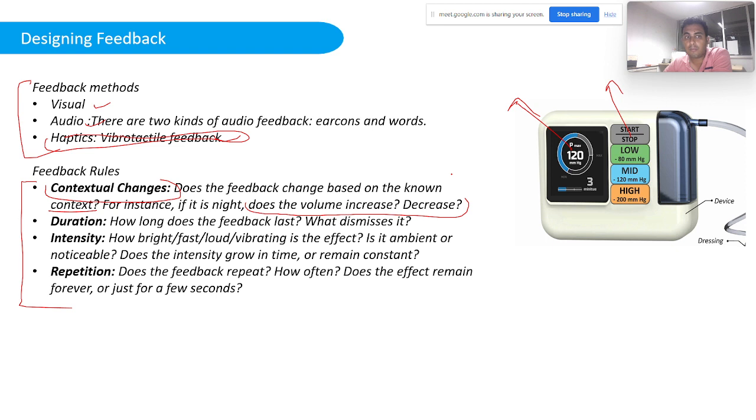The second thing is that depending upon the requirement, the nature of the feedback may change. For example, at night when you have a phone call, the display should choose different color options to show certain feedback. Similarly, if you are using a high ringing volume, there should be different ringtones for daytime and for nighttime.